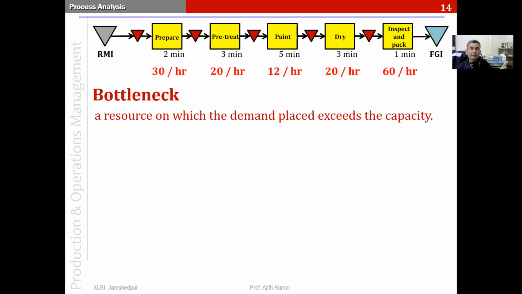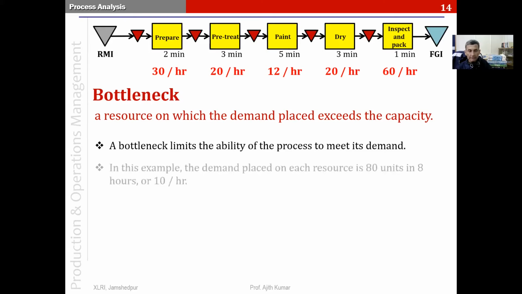Very often, mindsets are said to be the bottlenecks. It could be a particular system, a way of operating. It could be a particular strategy, a policy. You see, anything which prevents the organization or the process from meeting the demand placed on it. A bottleneck limits the ability of the process to meet its demand.